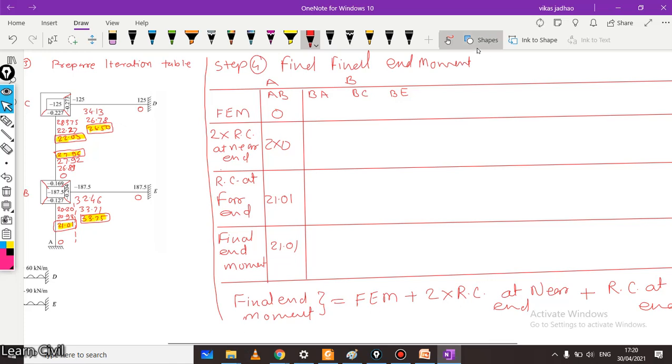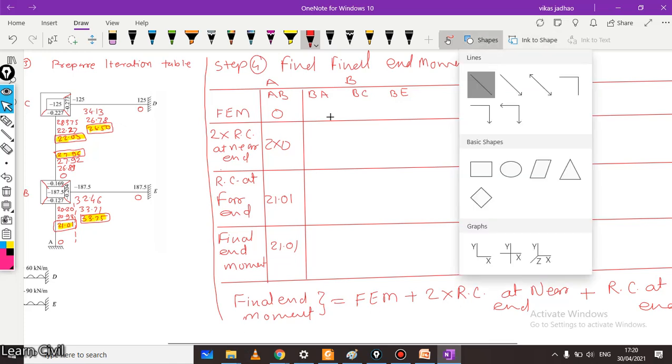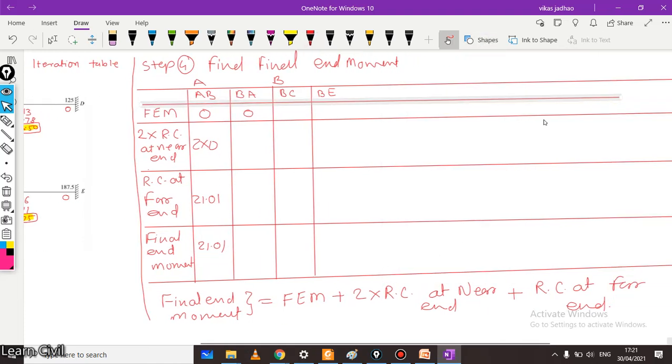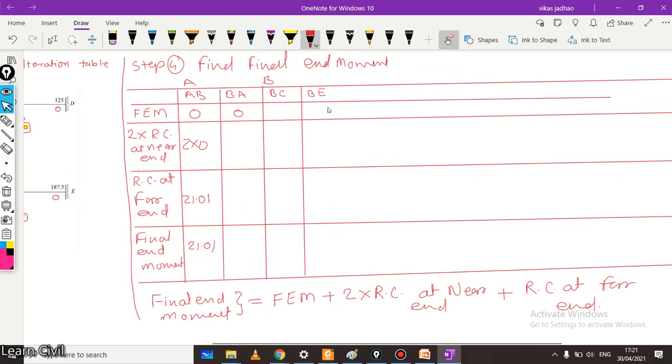These three members are there at joint B. The fixed end moment for BA is 0. Therefore write down here fixed end moment as 0.